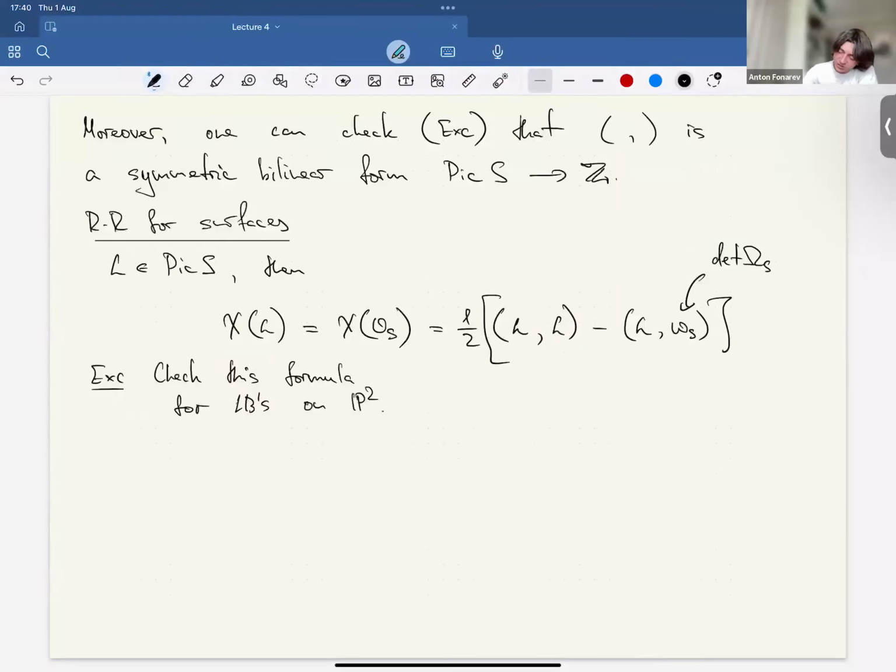And recall that the Picard group on P2 is isomorphic to Z, and every line bundle is of the form nH, where H is a line, a hyperplane, well, a line in P2.